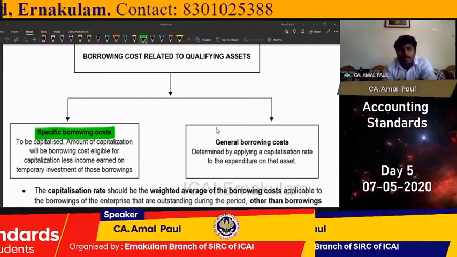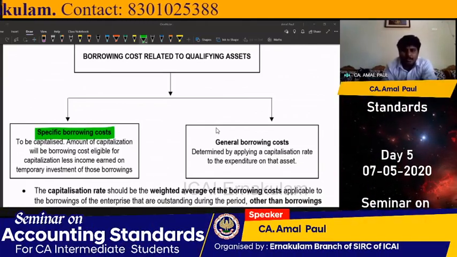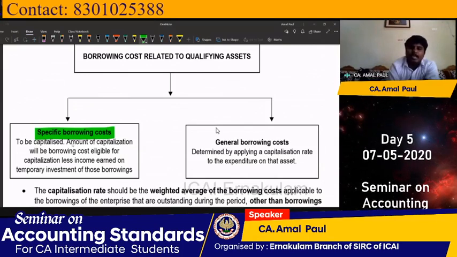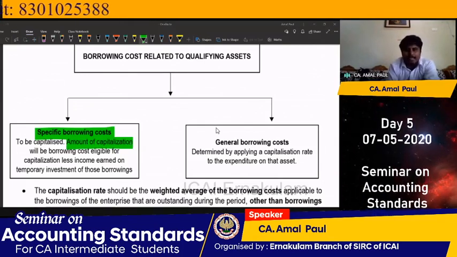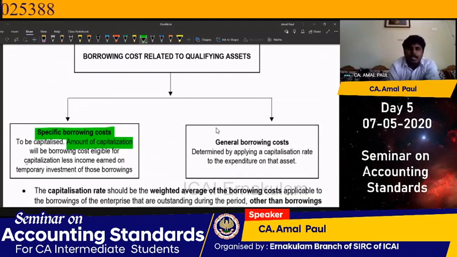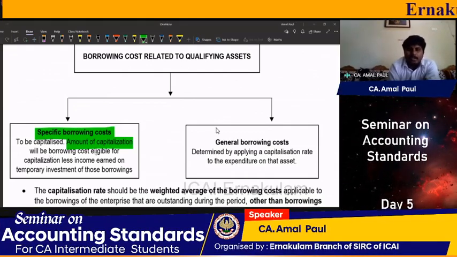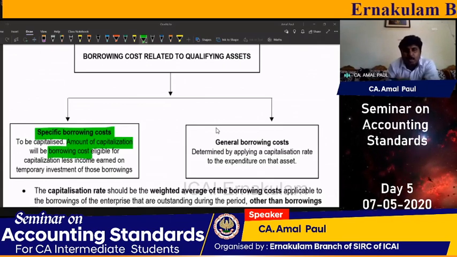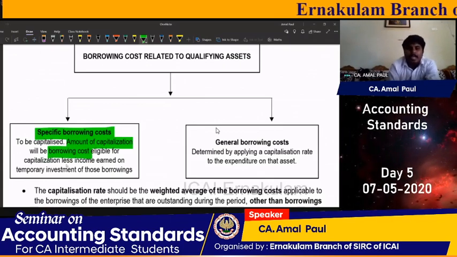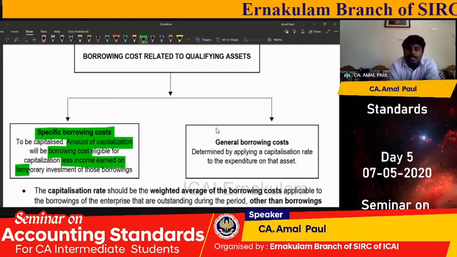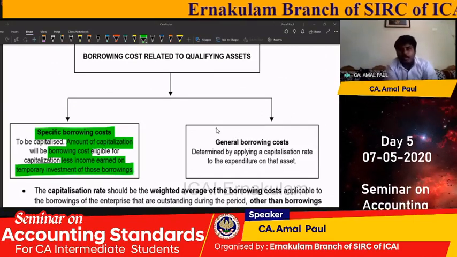You can capitalize borrowing cost in case of specific borrowing. The amount we can capitalize is the actual borrowing cost incurred on specific borrowing less income earned on temporary investment from the borrowing.